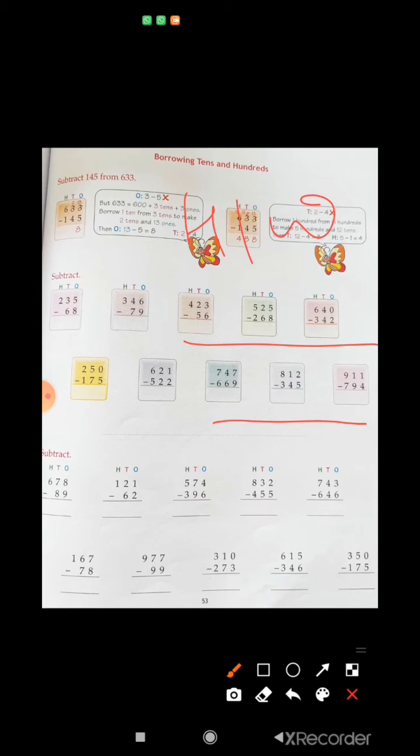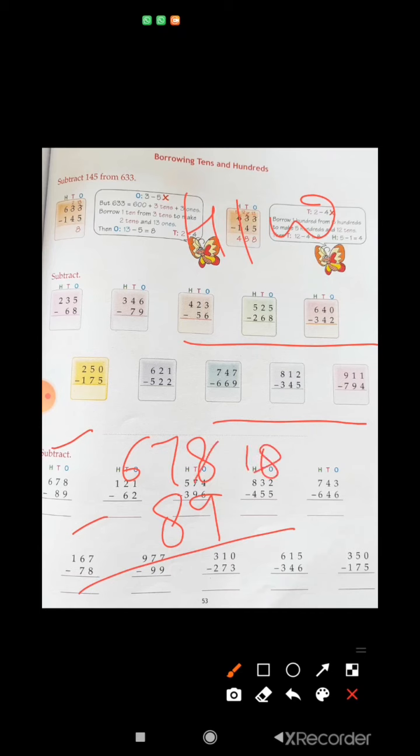Now second exercise. The question is 678 minus 89. First we subtract the ones. Here you can see 8 is less than 9. Take borrow from 7.